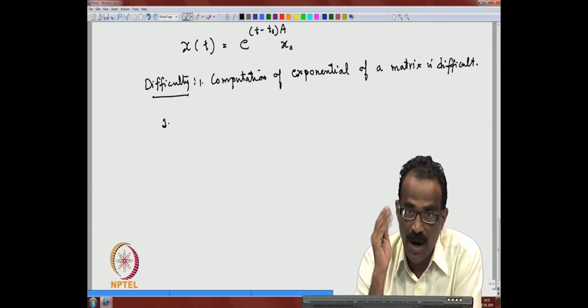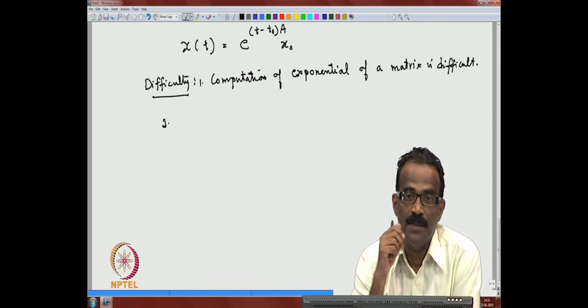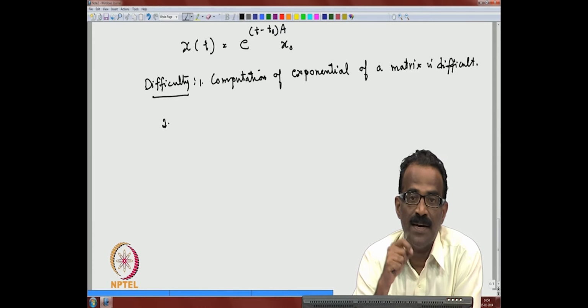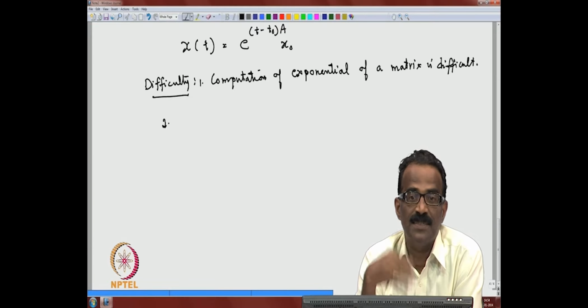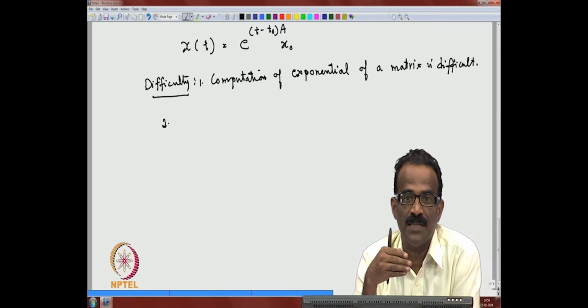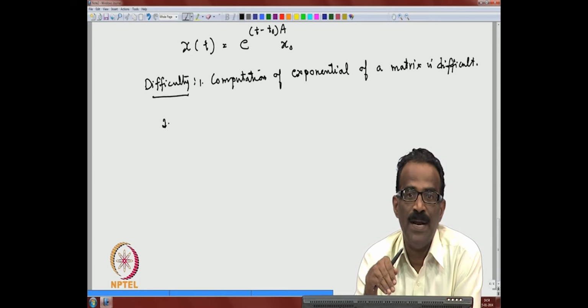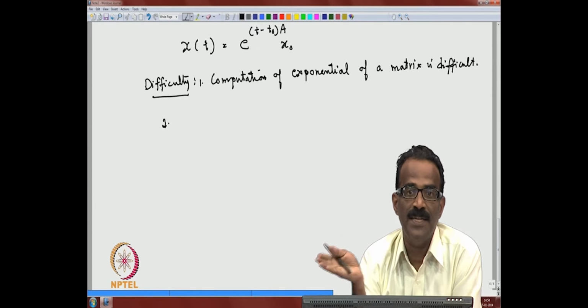What we are more interested in is the behavior of x t, in particular the stability analysis of the trajectory. So, this formula does not reveal anything about x t.